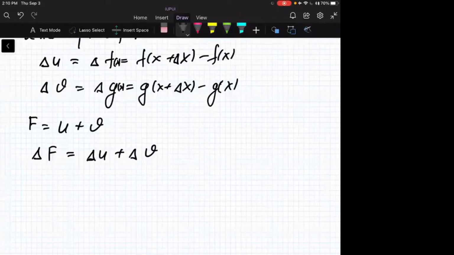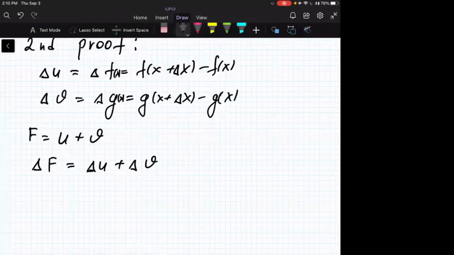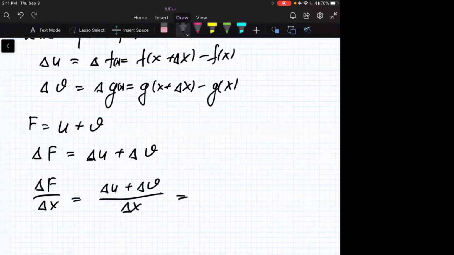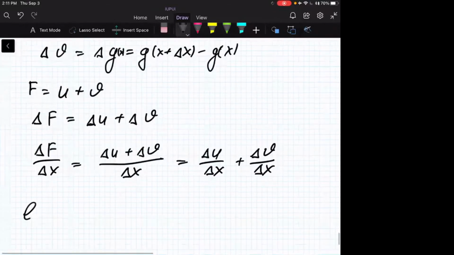So the difference is just delta u plus delta v. But then delta f over delta x will be delta u plus delta v divided by delta x, which is delta u over delta x plus delta v over delta x.